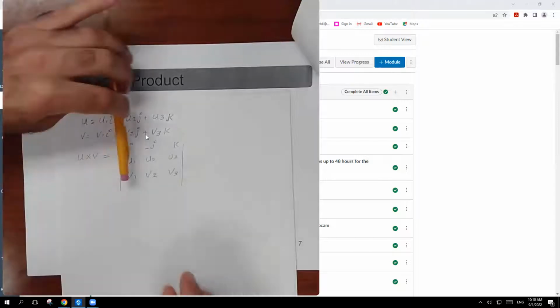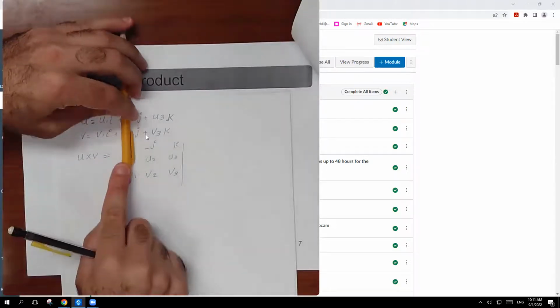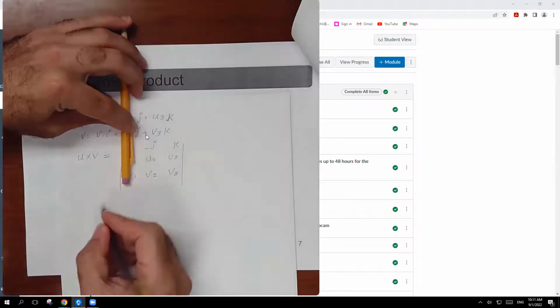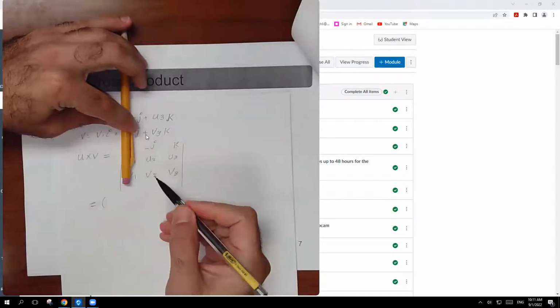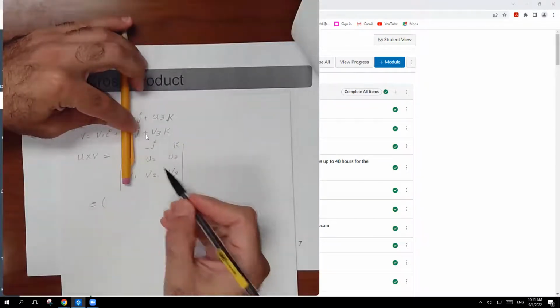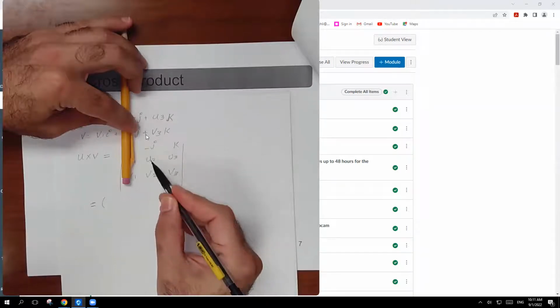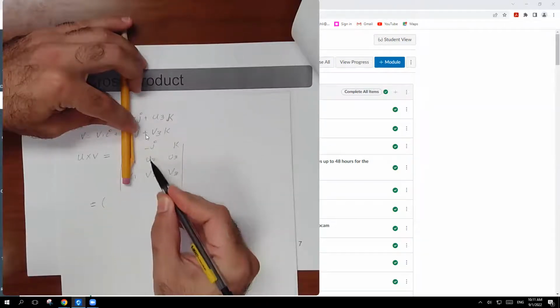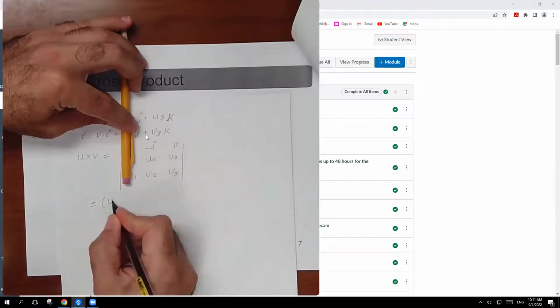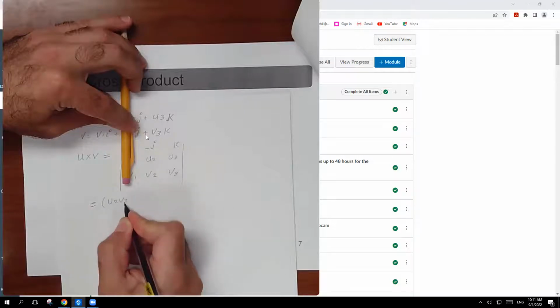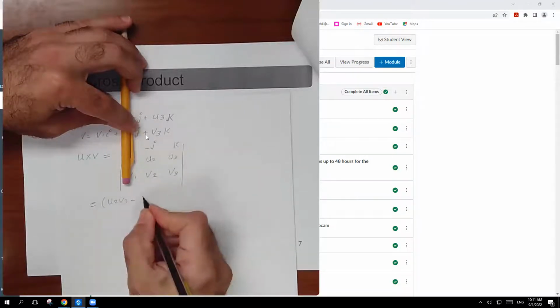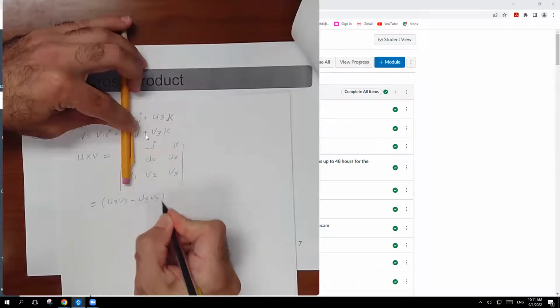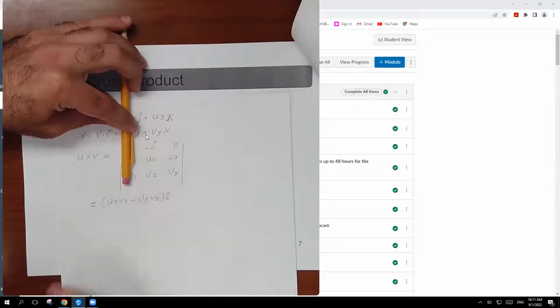Then exactly like when you find the determinant of a matrix, I start from this one: u2 times v3 minus u3 times v2. This is for the component i.